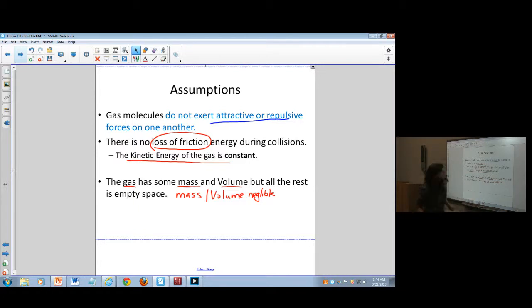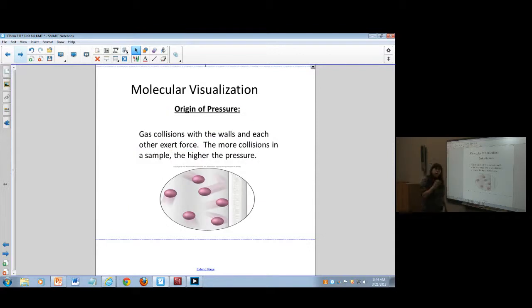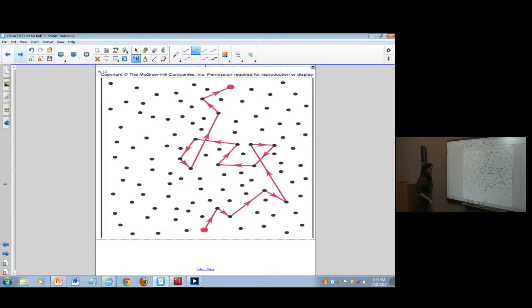If you'll recall, we looked at how gas pressure is formed, and that comes from running into each other or into the walls, whichever. As they run into each other, pressure is created. So it's the collisions that cause pressure. And we've also seen that they move in a straight line, pretty fast, until they run into something, which then may change their direction.